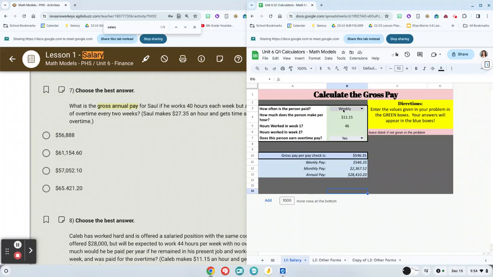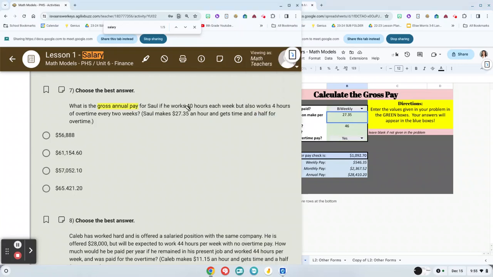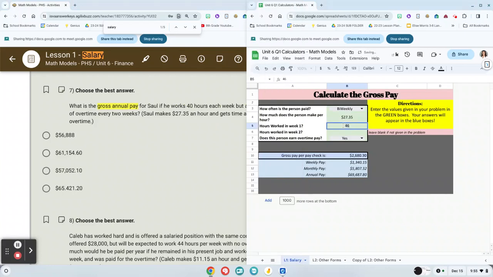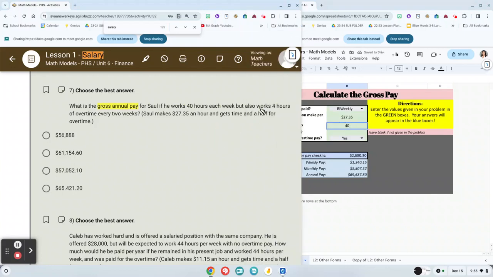Okay, so let's start doing this. So every 2 weeks, how much does this person make per hour? $27.35. Yes, overtime. Saul works 40 hours each week. Okay, 40. But he also works 4 hours of overtime every 2 weeks. So it's not every week. So if it were every week he did overtime, then we'd put 44 for both.